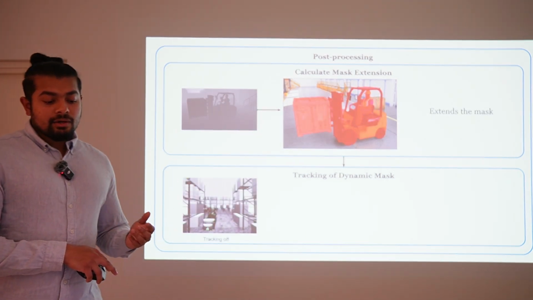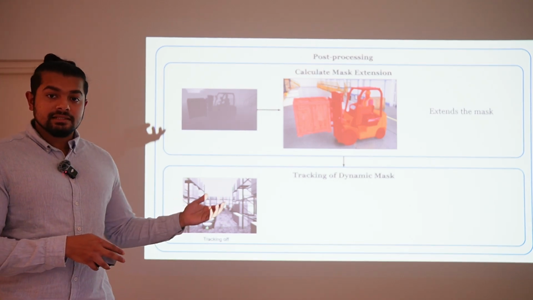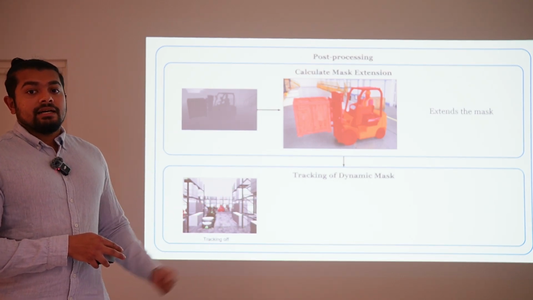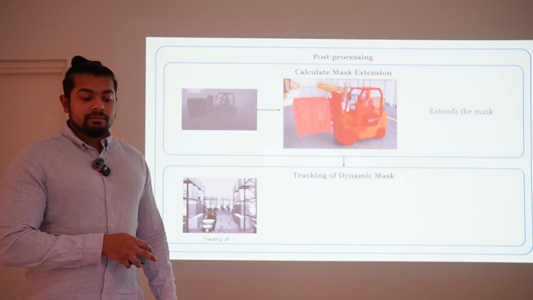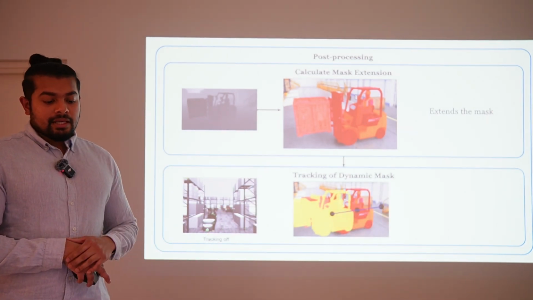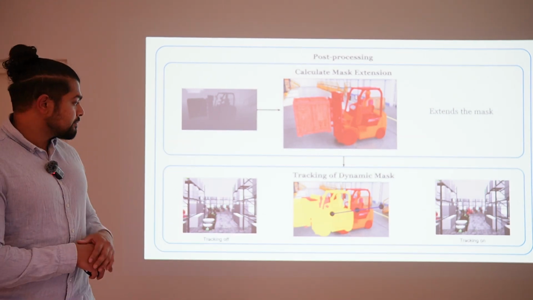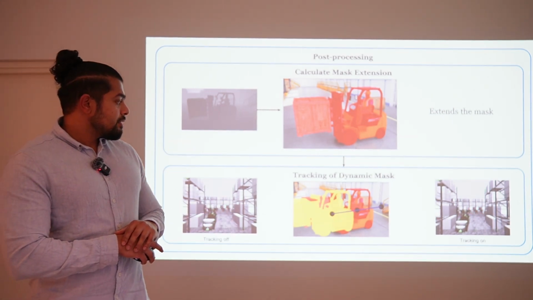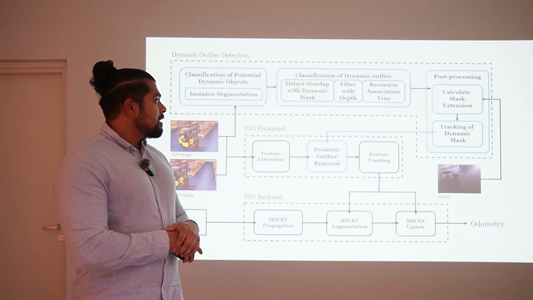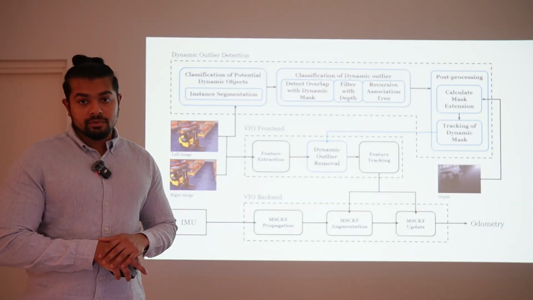And then we try to address the issue of inconsistent detection of the segmentation network by tracking the detected mask temporally. This is the result after tracking. Now the detection is ready to be sent to the dynamic outlier removal.